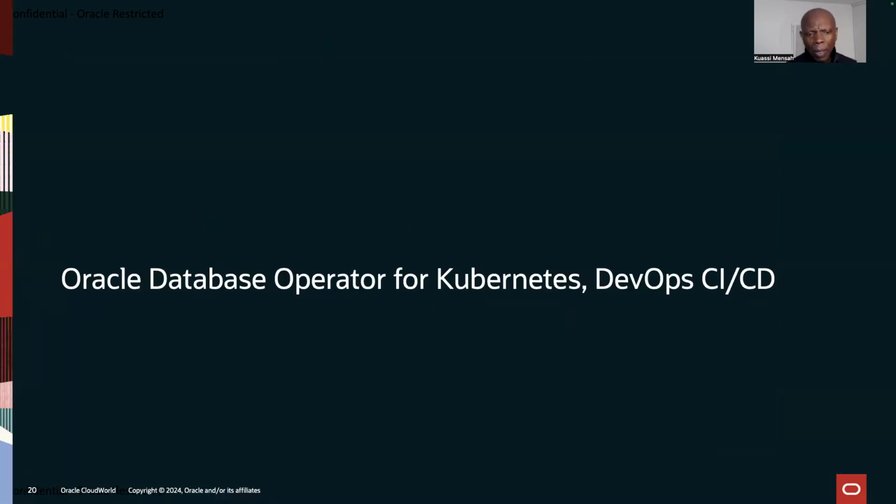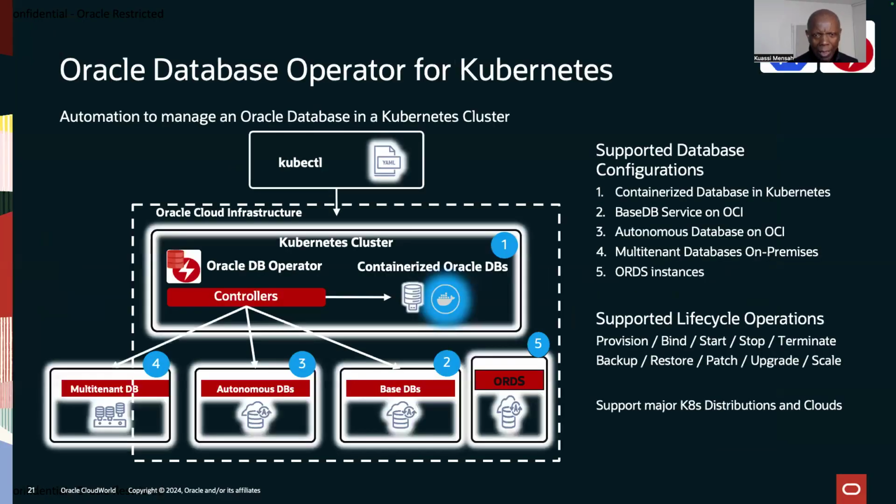Now let's talk about the Oracle Database Operator for Kubernetes, DevOps, and CI/CD. So here is the architecture of the Oracle Database Operator for Kubernetes. The dotted line box here is the Oracle Cloud Infrastructure.